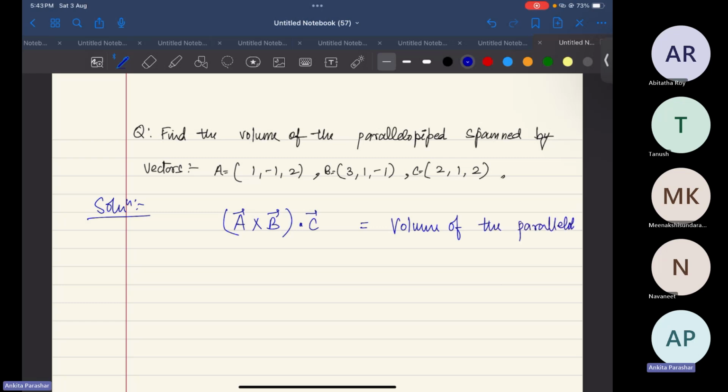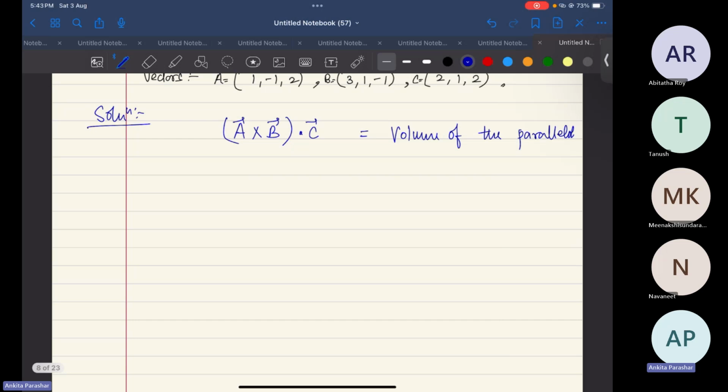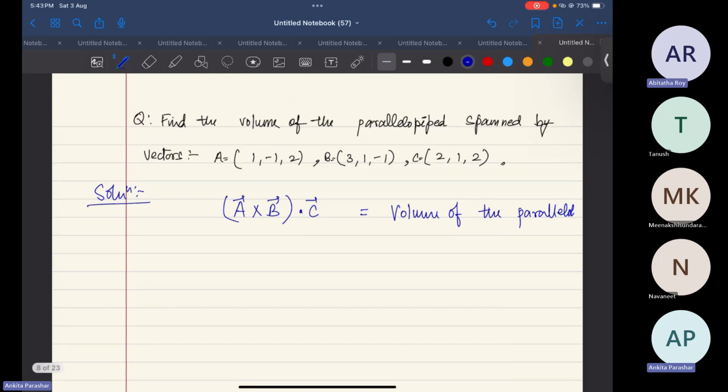Shall we compute it? Let's compute. What is A cross B? So recall.